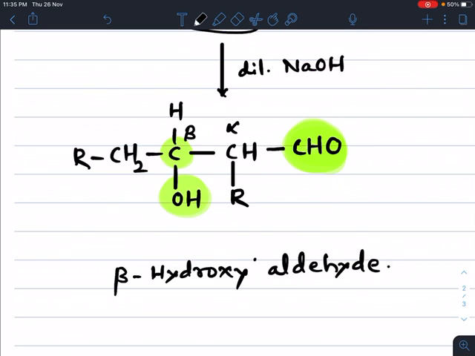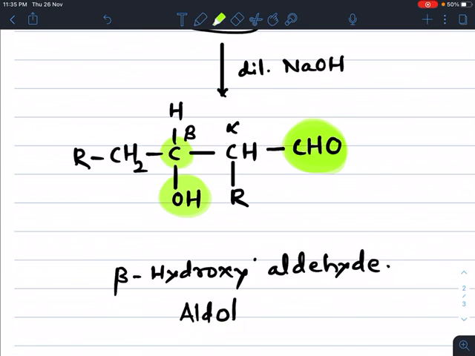Again, if you observe, two functional groups are present in this compound. CHO is the aldehyde and OH is the alcohol. For the aldehyde, the prefix ALD is used, and for the alcohol, that is the OH group, the suffix OL is used.